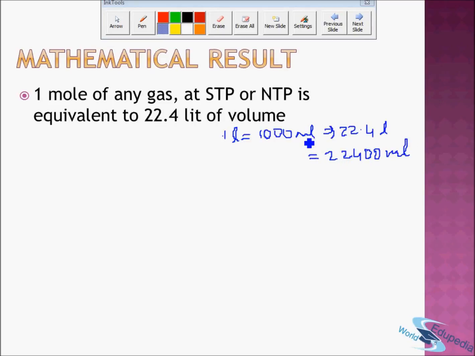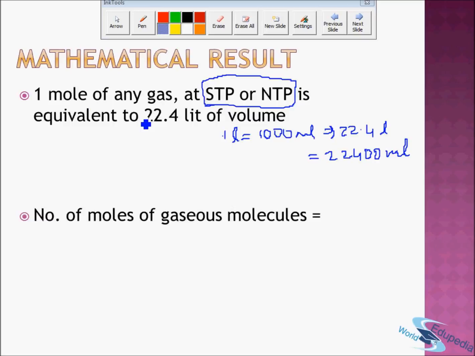So 1 mole of any gas occupies 22,400 milliliter of volume at STP or NTP. You have to fix temperature and pressure first, and then fix the number of moles in order to calculate volume.